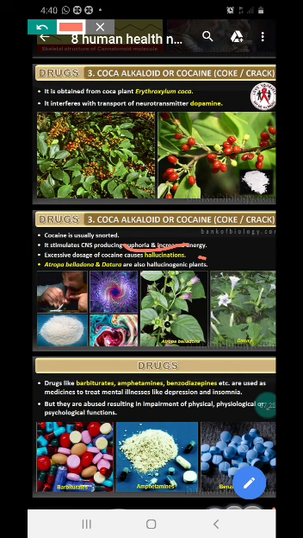Okay, now these are the two plants which are also sources of drugs, Atropa belladonna and datura. The datura plant and Atropa belladonna. Clear? Okay. Drugs like barbiturates, amphetamines, and benzodiazepines are used as medicines to treat mental illness, depression and insomnia.